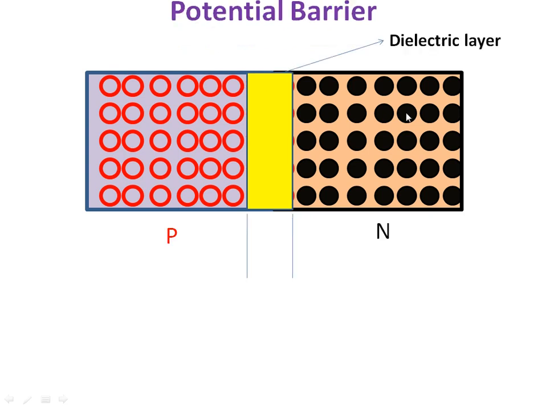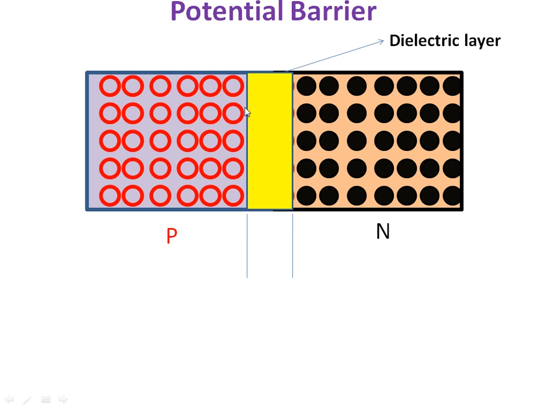So what is the potential barrier here? You know very well, the holes are positively charged and the electrons are negatively charged. In between I have an insulating layer, or dielectric. Dielectric means it is an insulator. What will happen if I place a dielectric between the positive plate and the negative plate?